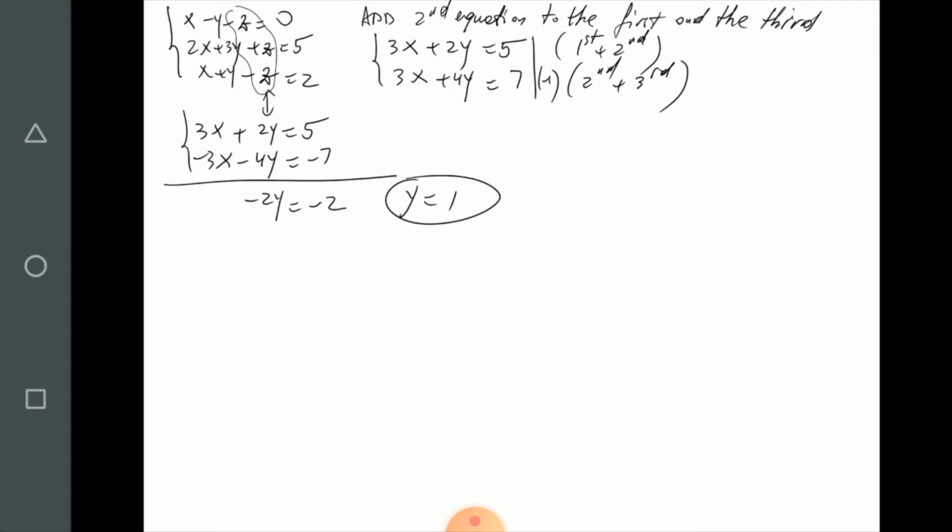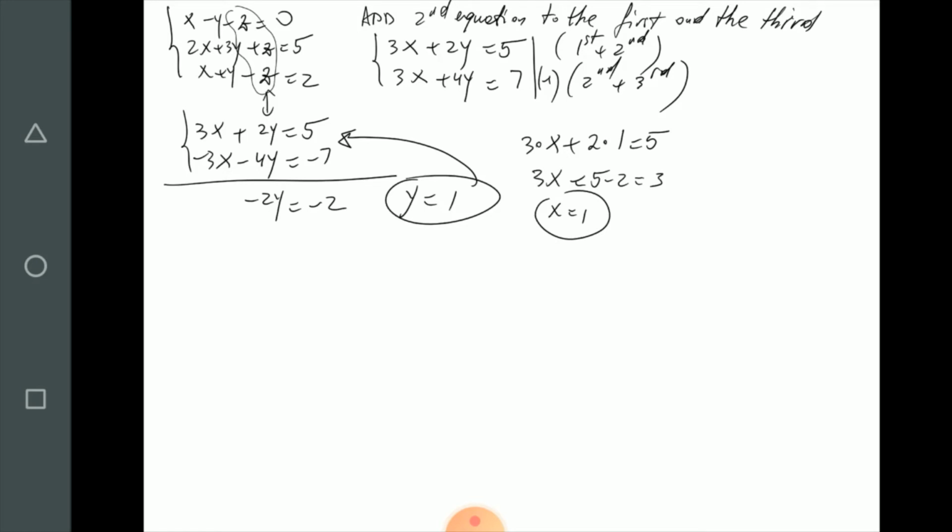So now we can just do back substitution for all the other variables. We go back to one of these two equations and replace y with the value that we found, 1. So 3x is 5 minus 2, which is 3. x is equal to 1.